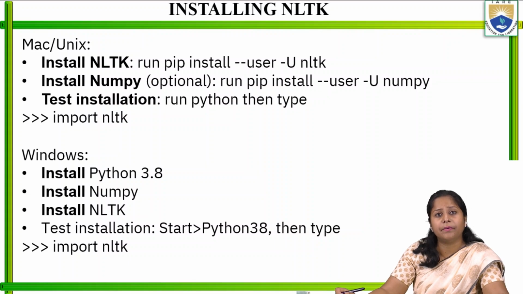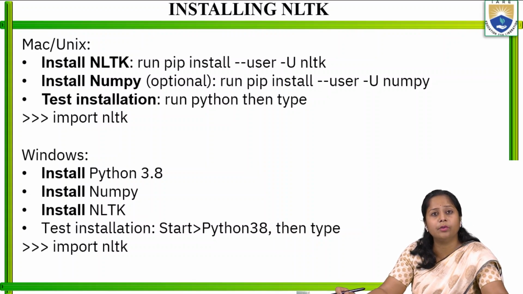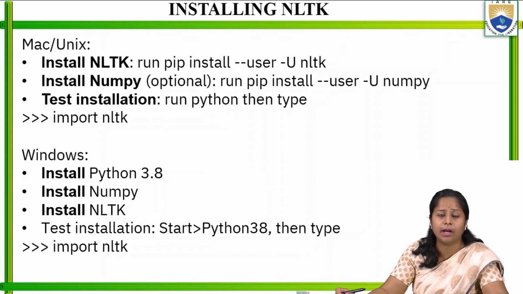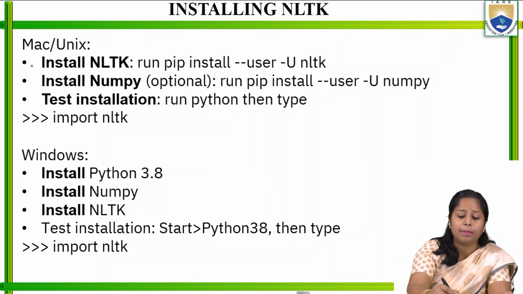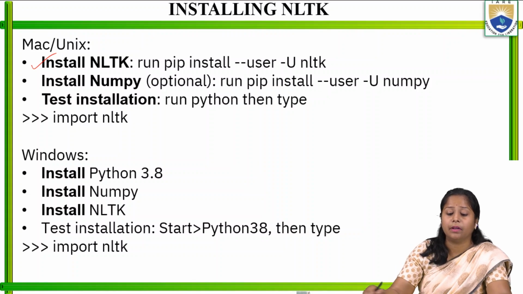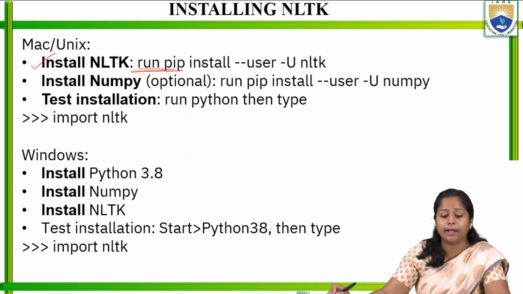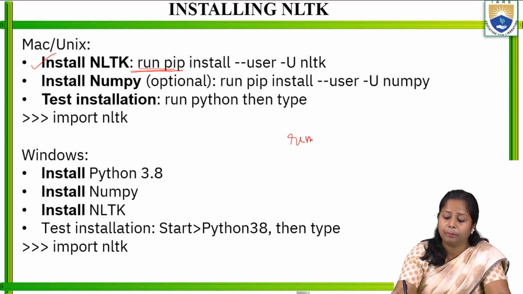Now, if I segregate those into Mac and Unix and Windows, on the Mac and Unix, how do we install the NLTK library? In the first step, I need to install NLTK. So students, you need to write on the command prompt: run pip install.